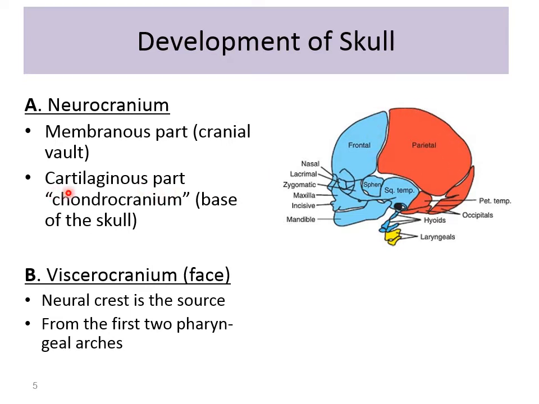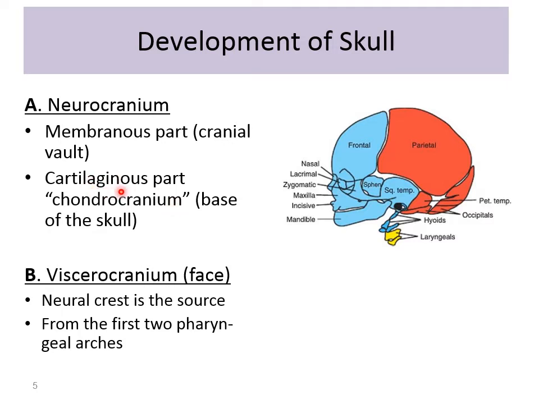The cartilaginous part is called the chondrocranium, which is the base of the skull, and is formed by endochondral ossification or cartilaginous. By cartilaginous, we mean that the mesenchymal cells condense to form cartilage, and then the ossification centers later appear to form the bone.